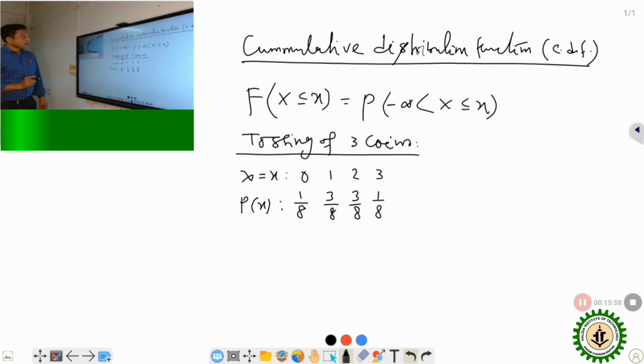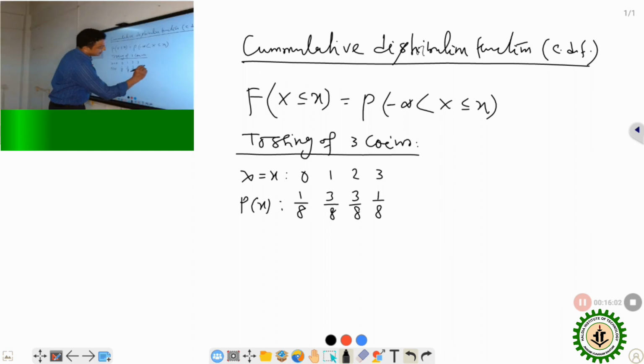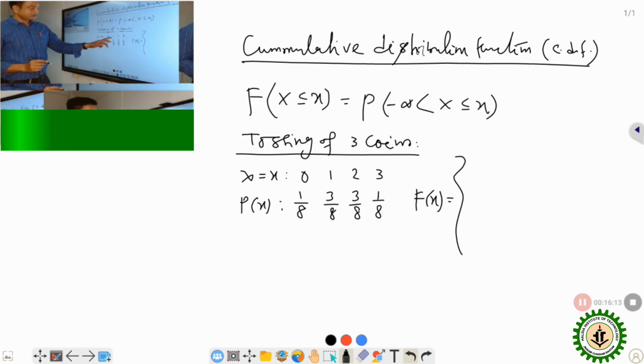Now, if you need to find the distribution function, how could you find this one? Look at this. The distribution function F of x equals, first of all, you will divide this interval into before 0, then 0, then 1, then 2, and then 3.